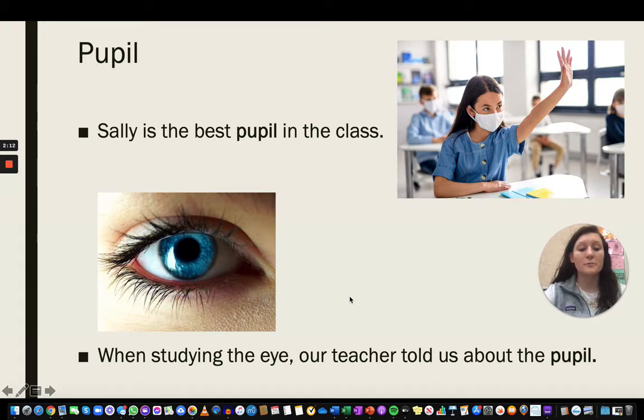The more light there is, the smaller the pupil is, and the bigger the pupil is, that means there's not a lot of light, so the pupil has to get bigger in order for us to see easier in the dark.